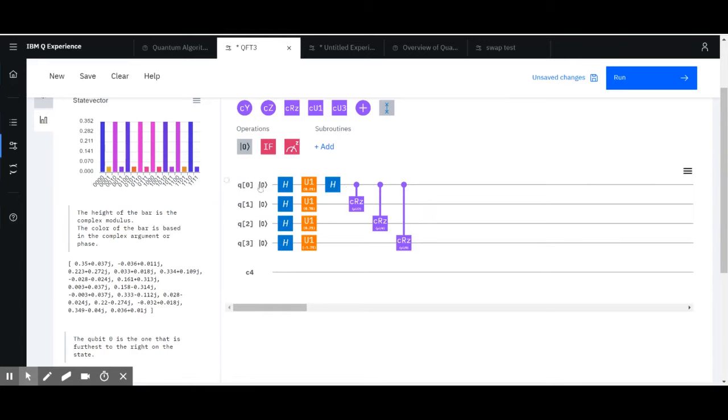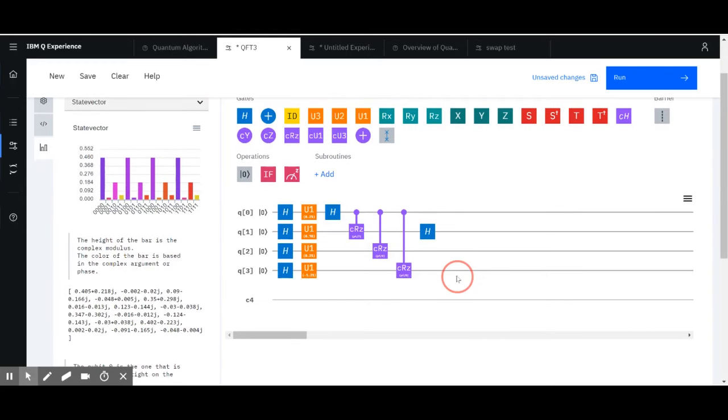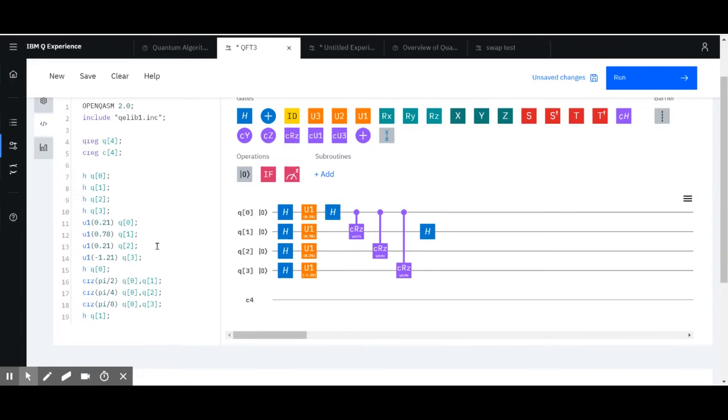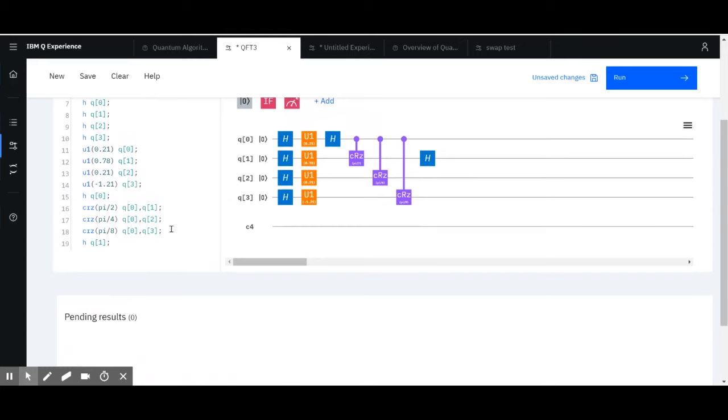And now we kind of repeat by doing like that. I don't know if I can copy the controls.